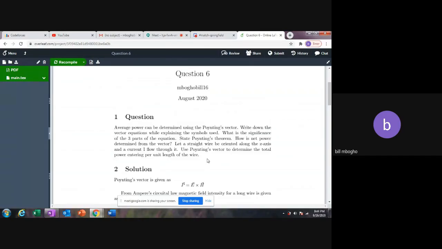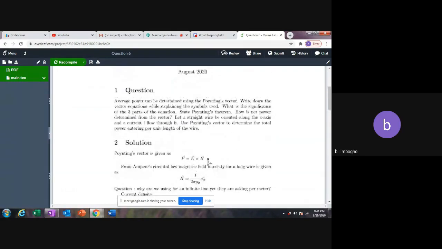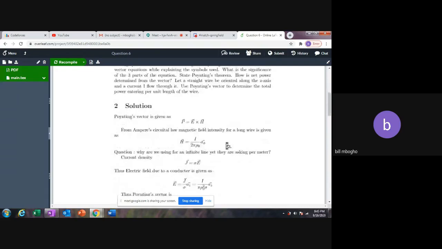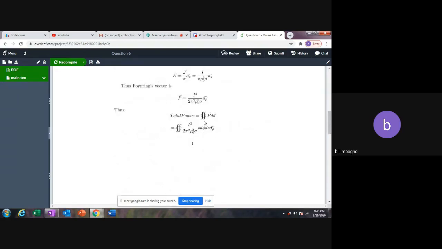So, Poynting's vector gives us a rate at which energy is leaving a given volume. If we want to get the total energy leaving a given volume, we have to do the surface integral, integrating with respect to the surface.